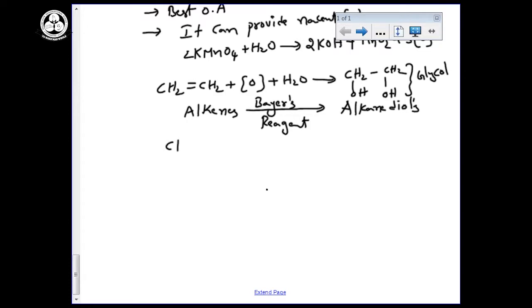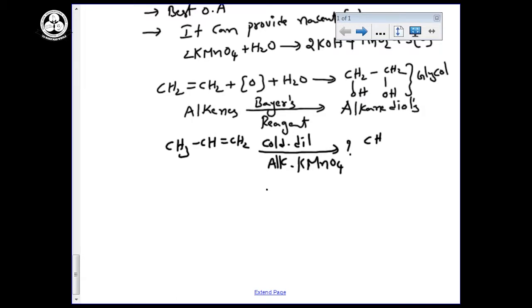See another example, CH3-CH=CH2. You are using cold dilute alkaline KMnO4. So what is the answer? We just get the diols. What you have to memorize is alkenes are converted into alkane diols.